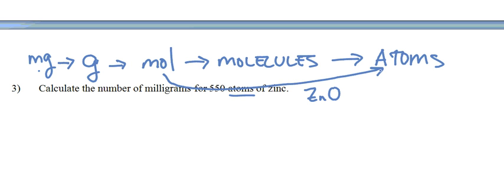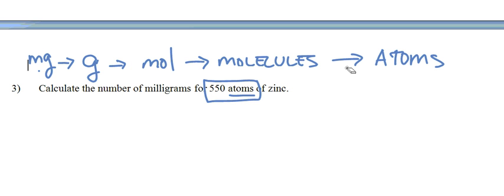Okay? So here's how we do that. We always start off with what's given. Okay? We always start off with what's given. So in this case, actually, let me clean up some of this here. Erase that. Get rid of the arrow. So we start off with our 550 atoms.